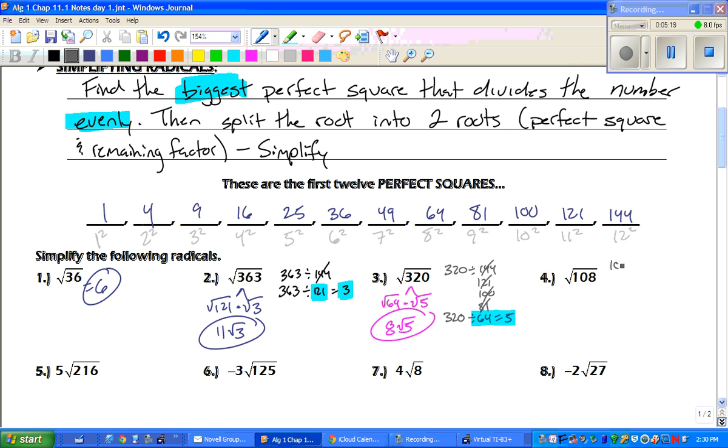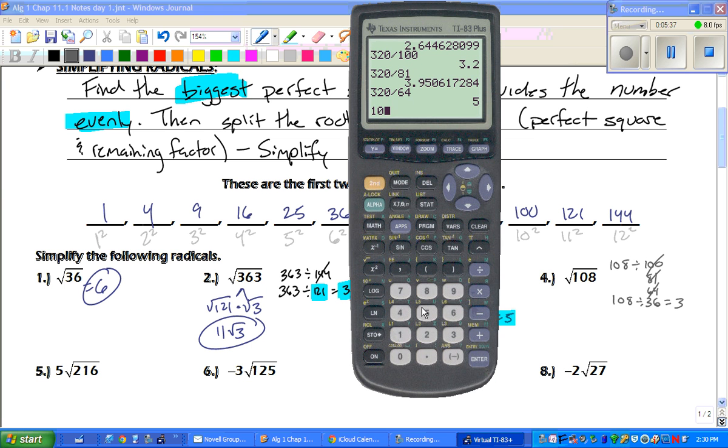So we got 108. The next closest is 100. Then you try 81. Then you try 64. None of those work. The one that works is 36, and it goes in 3 times. If you just type this in your calculator, oh, doesn't work.